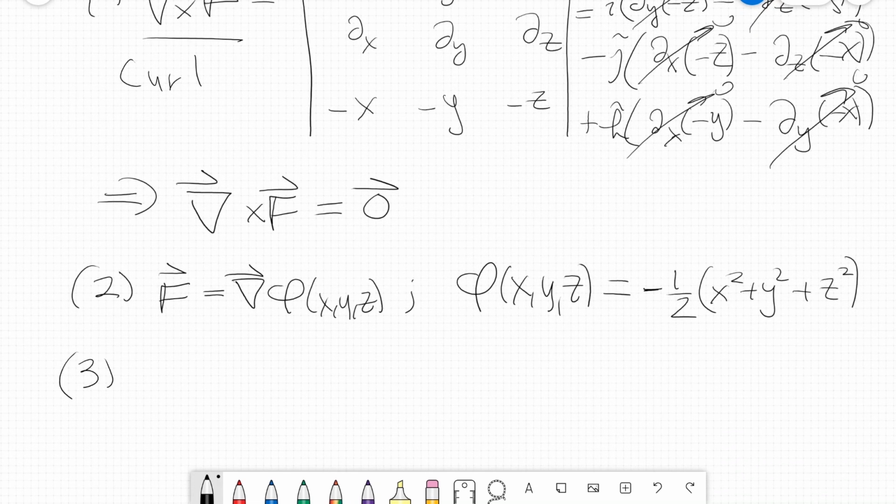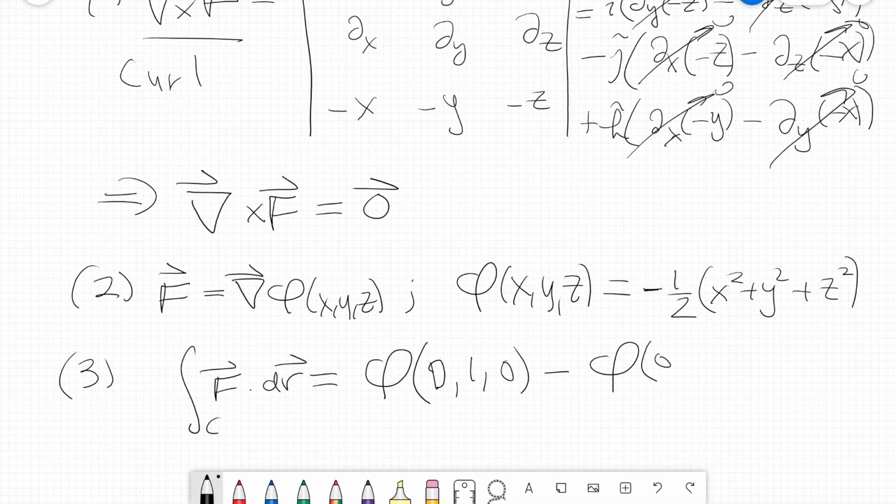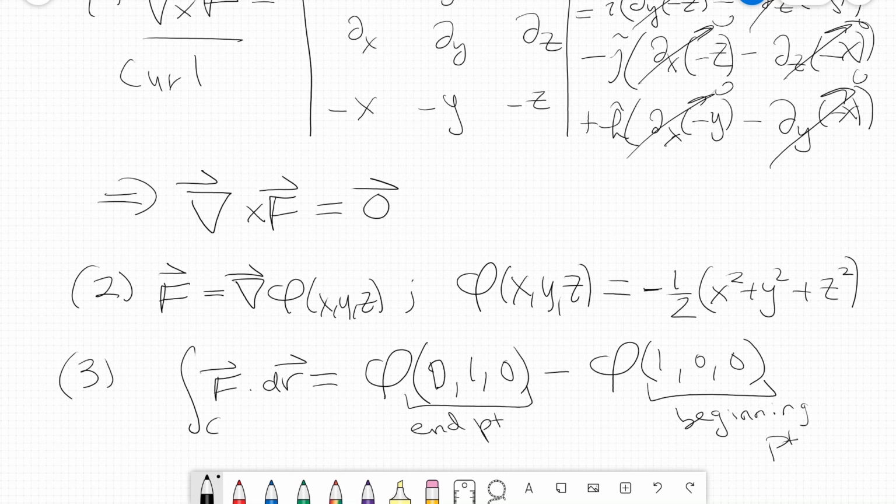Our third key insight was that for this vector line integral, the only thing that mattered were the actual beginning points and end points. So if we take phi and plug in, all that mattered were the beginning points and end points for actually computing this integral if we would use our scalar function phi.